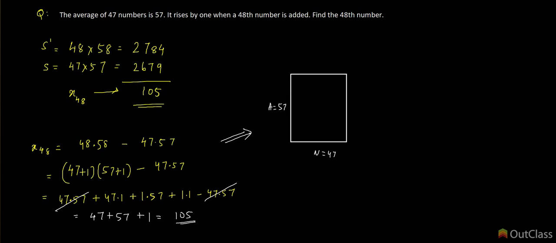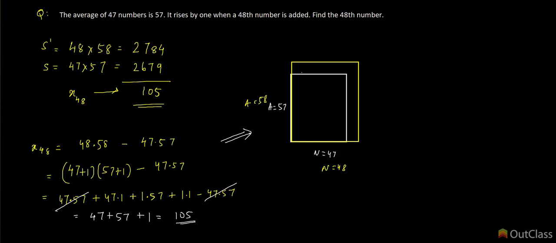And what happens after? You have a rectangle with n equal to 48 and a equal to 58. That's your new sum, and the increase in the sum was on account of adding the new 48th number.